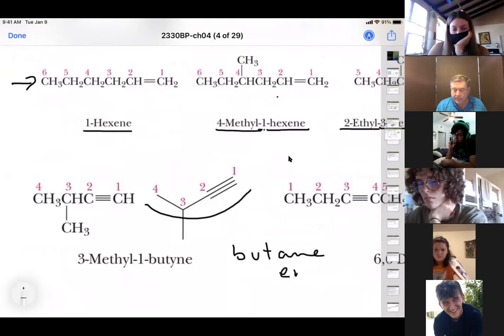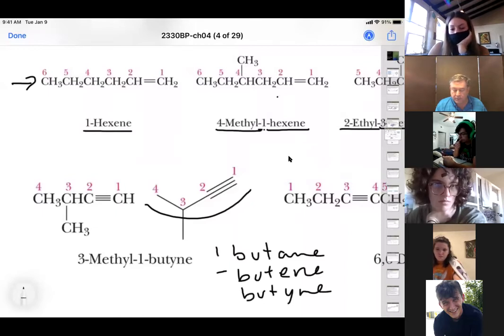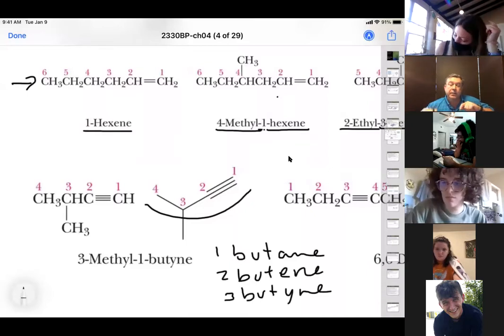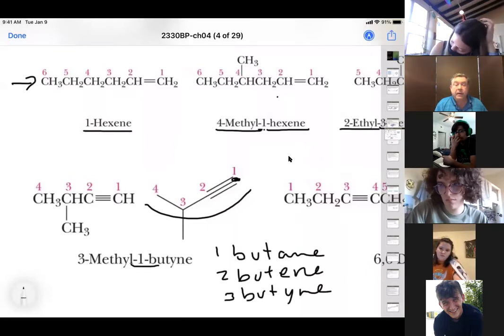It was going to be butene if it was an alkene, but now it's butyne because it has the triple bond. So single bond, double bond, triple bond, okay? We see how that infix changes as we go through the system. Now we locate, again, trying to make our alkyne have the lowest number, and we locate it. So that gives us our 1-butyne, and our only substituent here is our 3-methyl, okay?